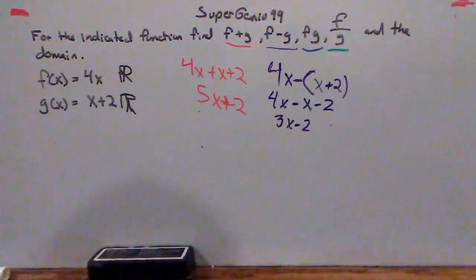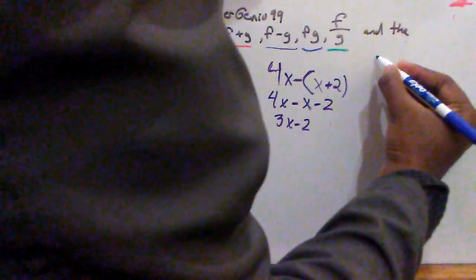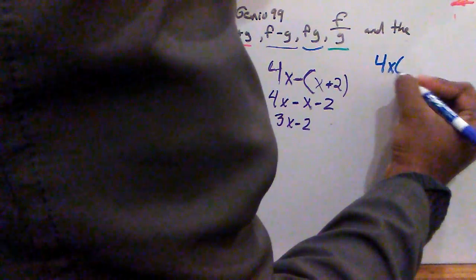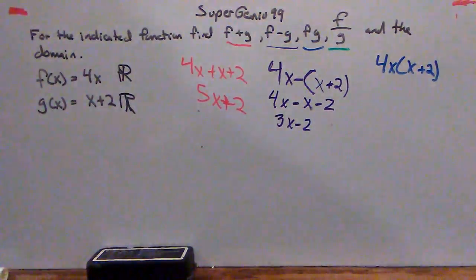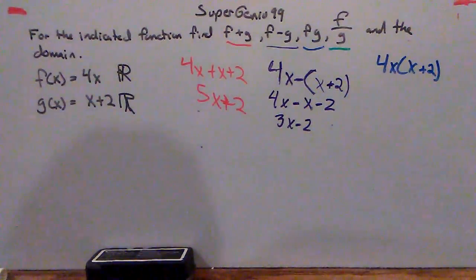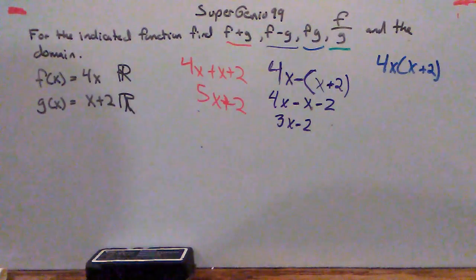Okay, your answer is 3x minus 2. And then the next one, f times g. Okay, distribute that 4x, so it's 4x times x and 4x times 2.